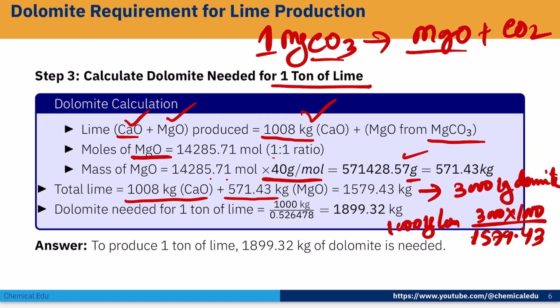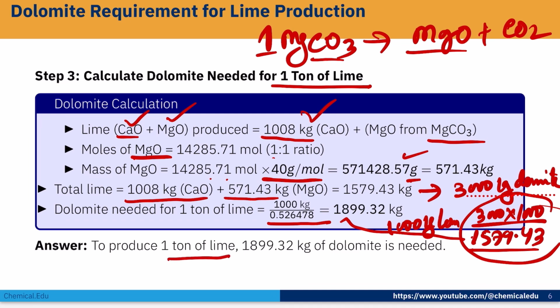That is 1000 divided by 1579.43 divided by 3000, which gives 0.526478. If we do the calculation, we get 1899.32 kg. So if we need 1 ton of lime, we require 1899.32 kg of dolomite. That's it.